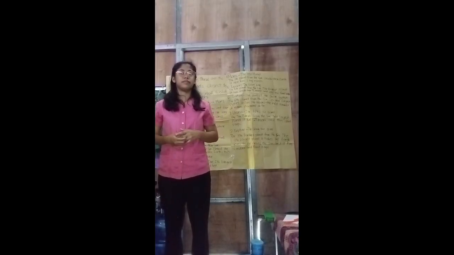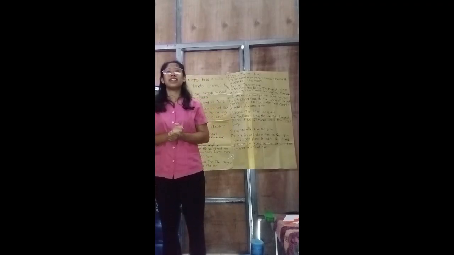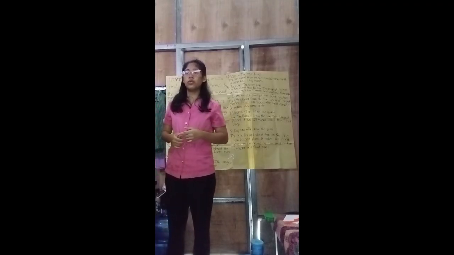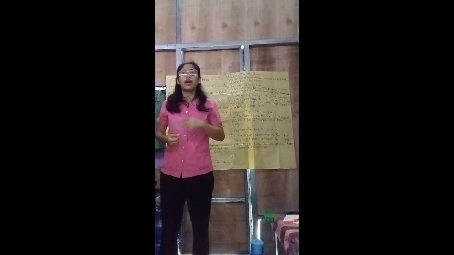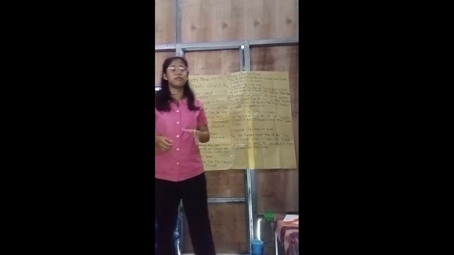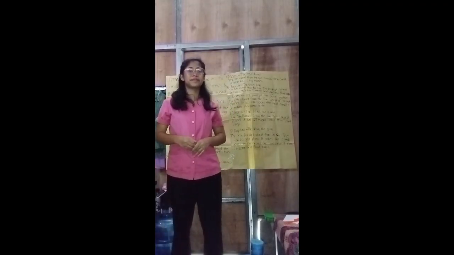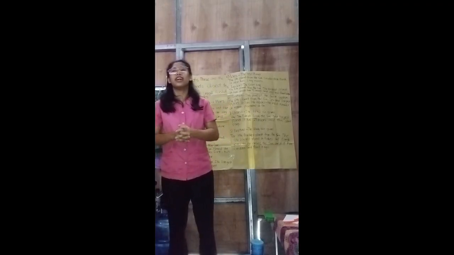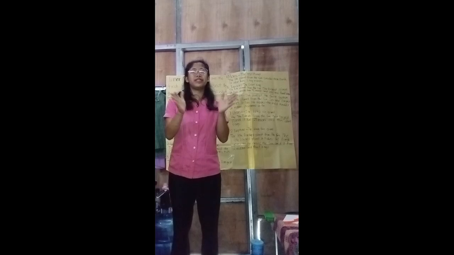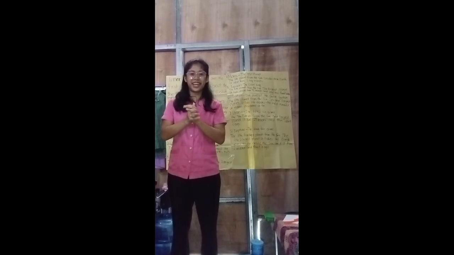Who am I? Yes, very good. Next, I am your home and I am the only one with life. Who am I? Yes, very good. Give yourself a 5 clap. 1, 2, 3, 4, 5.